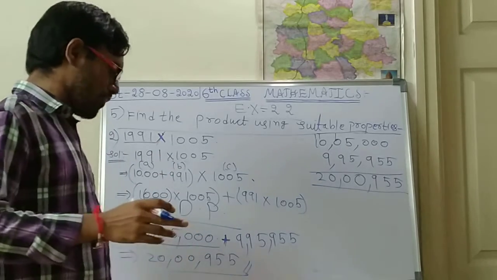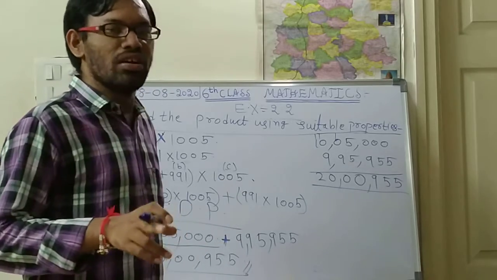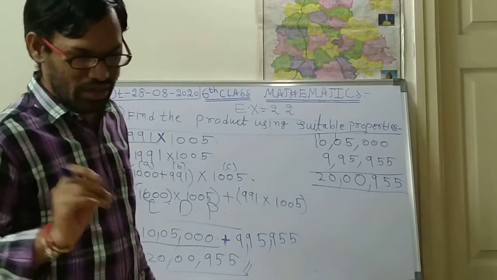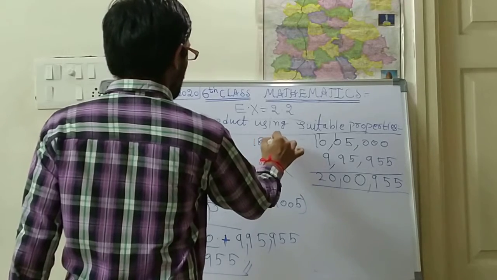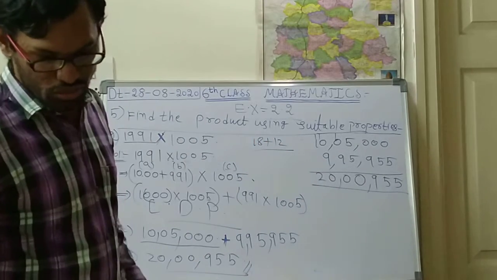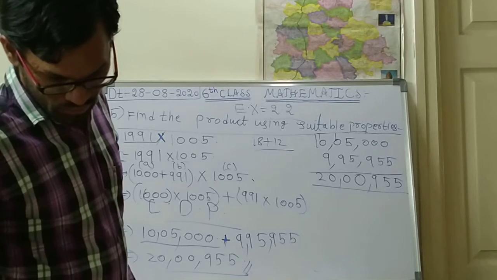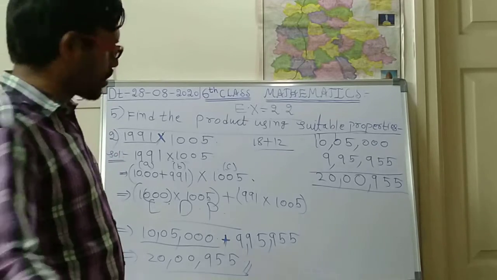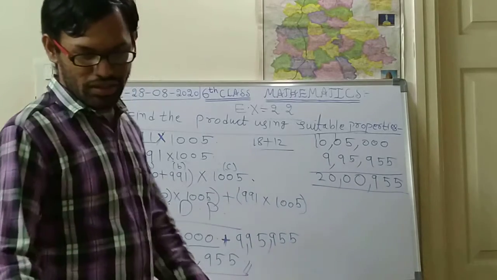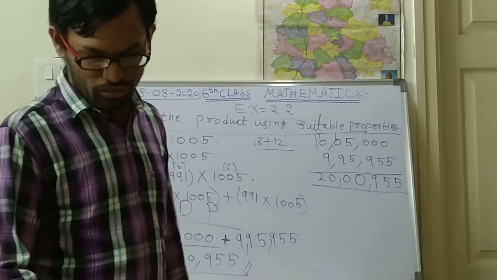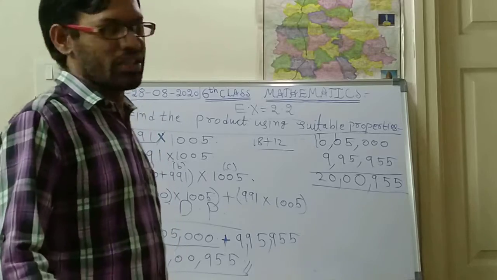Okay, before that, in yesterday's class, I said one thing wrong. In one of the problems, 18 plus 12, in the fourth bit, the first one. What is that problem? 368 into 12 plus 18 into 368.